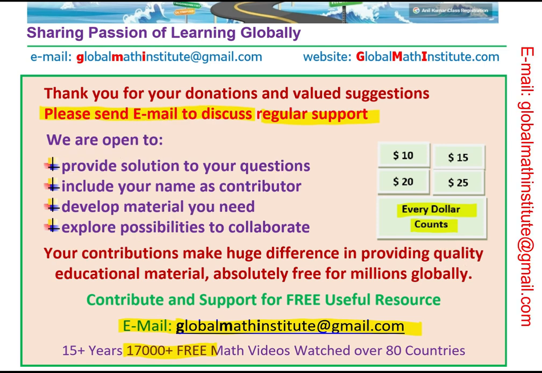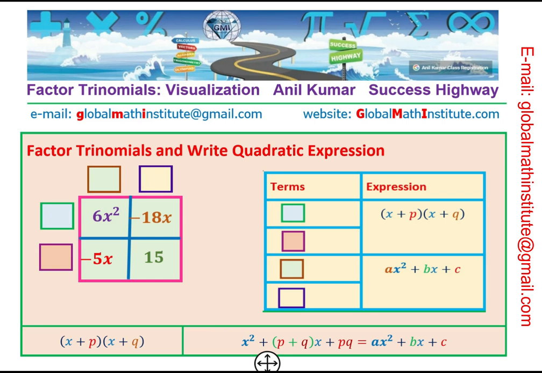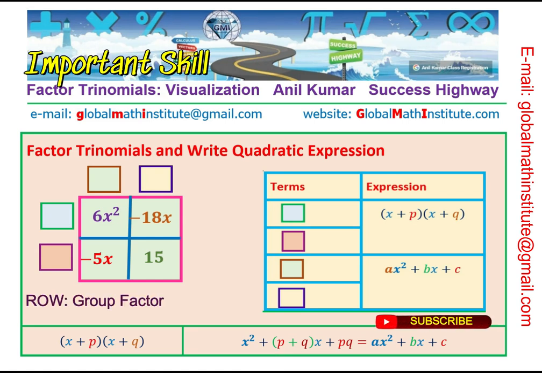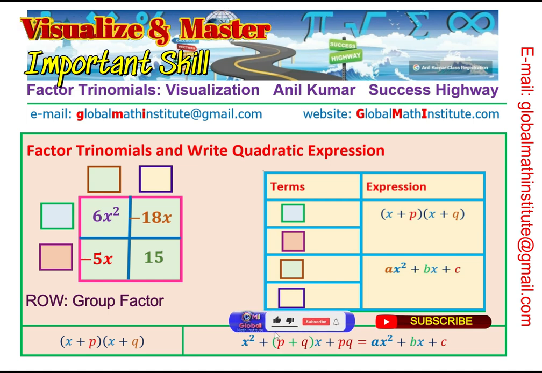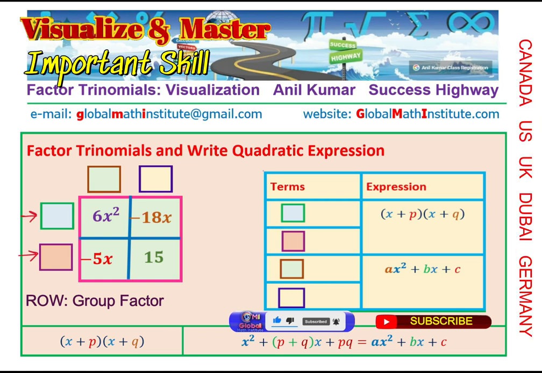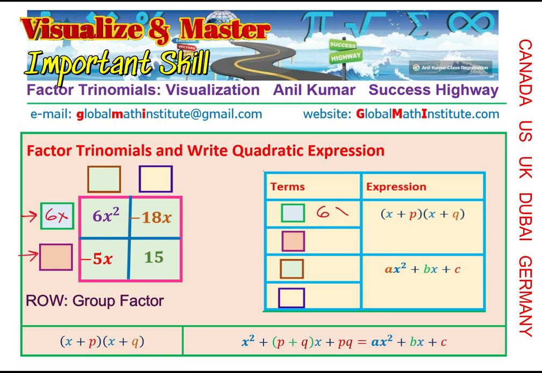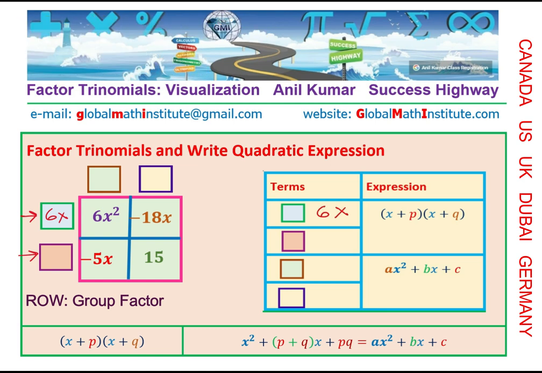So let's begin with the solution of these questions one by one. Now, the process is something like this: first begin with the rows. Group factor, write the term here. 6x squared minus 18x. You can see that 6x is common. Now this term 6x will go in your table, so matching square we have made. The first term is 6x.